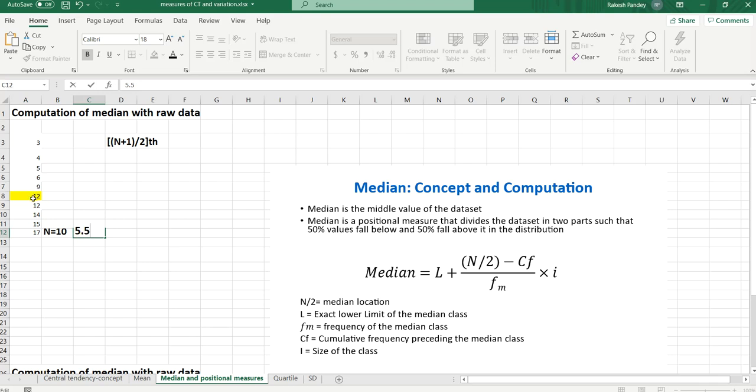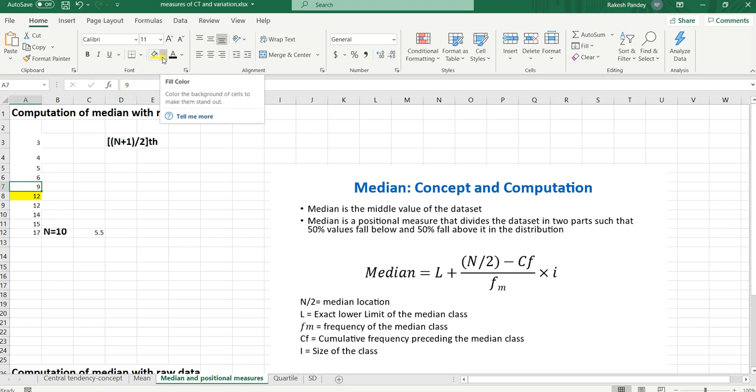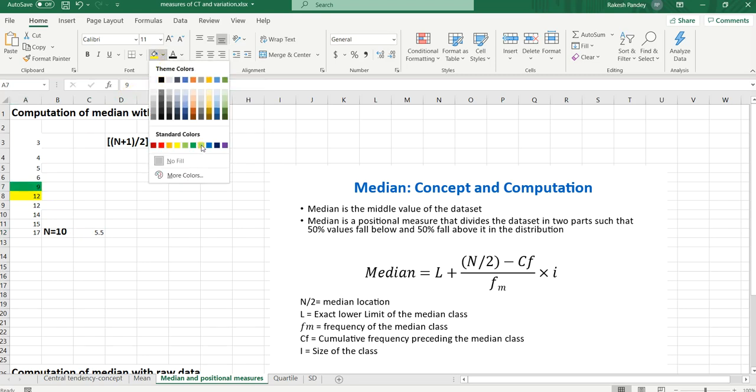So the fifth value in this condition will be 9. Let us highlight it in a different color. 1, 2, 3, 4, 5. So this is the fifth value and this is the sixth value. Median is lying somewhere in between these two values.